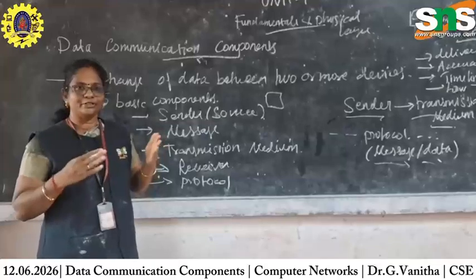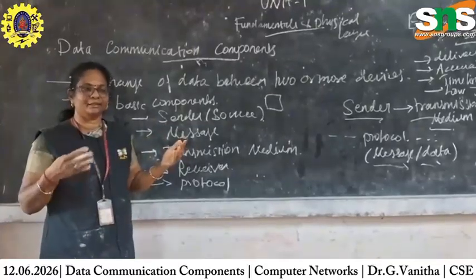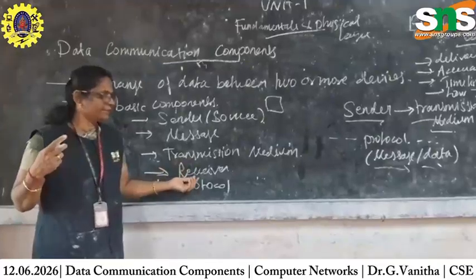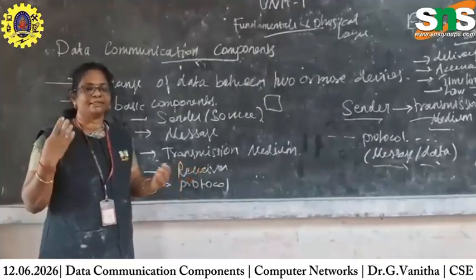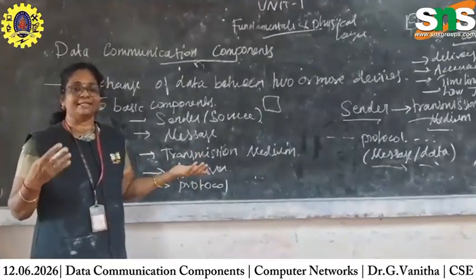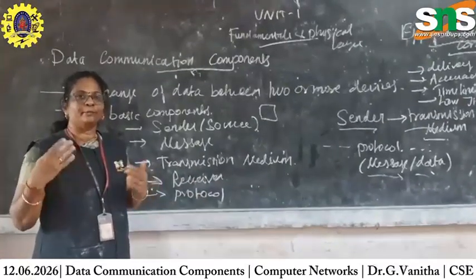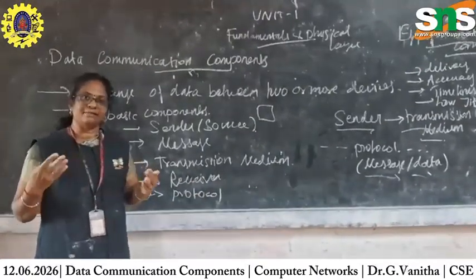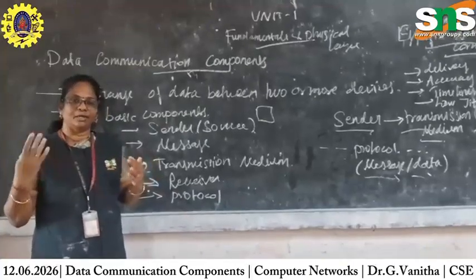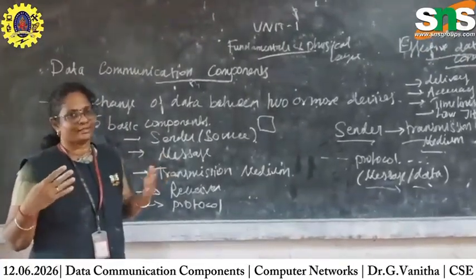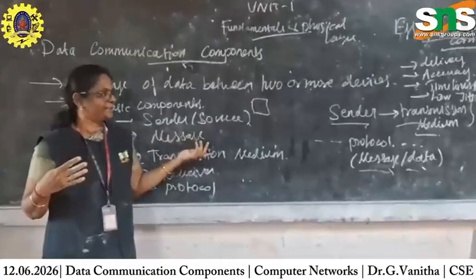For a radio signal, we connect the devices wirelessly. After that, the receiver, which is on our side in radio signals. Protocols: wireless has some protocols, like IEEE 802. These are the protocols to transfer the data from source to destination.